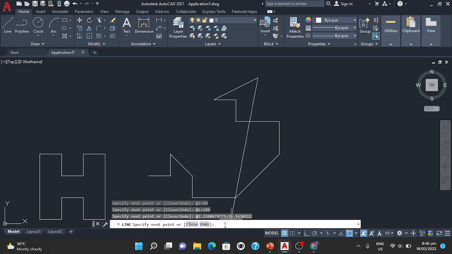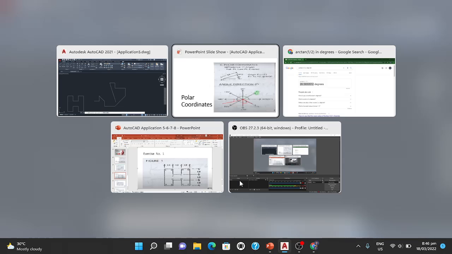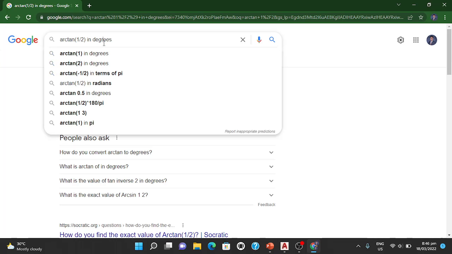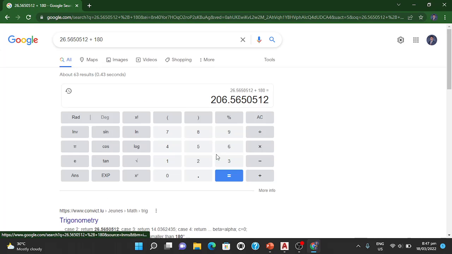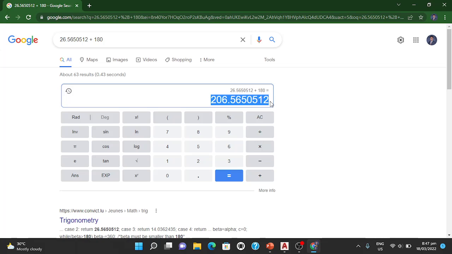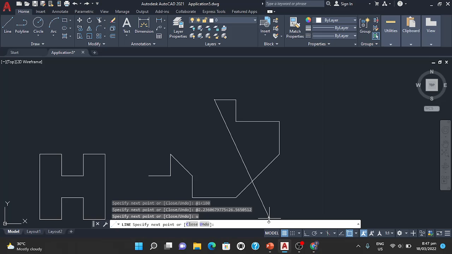So let's undo this part. Okay? From our calculator, we have 26.565051 plus 180, so we will get 206.565051. Let's copy it into AutoCAD. The length of our point K to point L is 2.2360679775, and the angle is 206.565051.